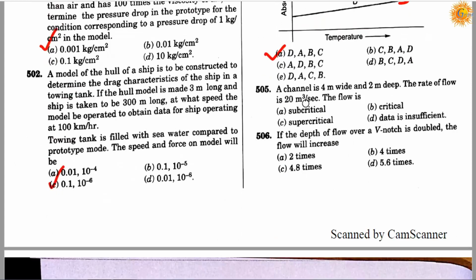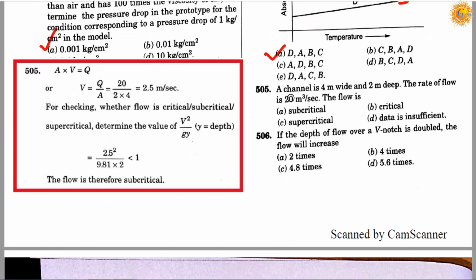Question number 505. A channel is 4 meter wide and 2 meter deep. The rate of flow is 20 meter cube per second. The flow is option A, subcritical, option B, critical, option C, supercritical, option D, data is insufficient.